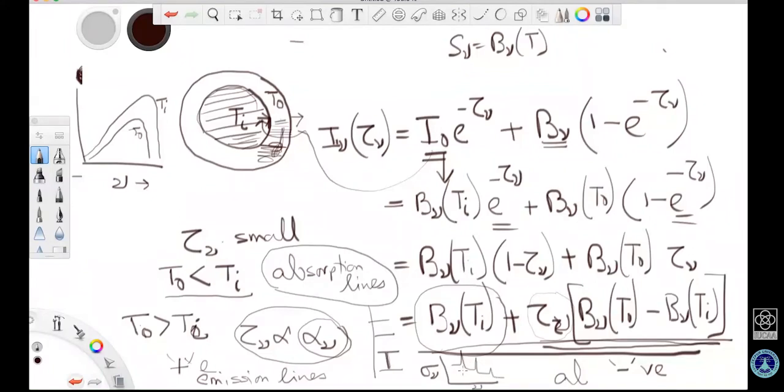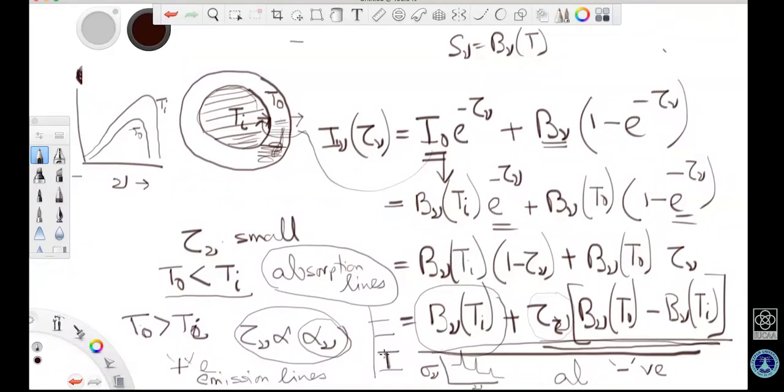spikes, or these are resonant lines. We call them resonant lines. So whenever the photon energy h nu is equal to the energy level difference, there is resonance, and the cross section of absorption is very, very large, which means it gets absorbed.